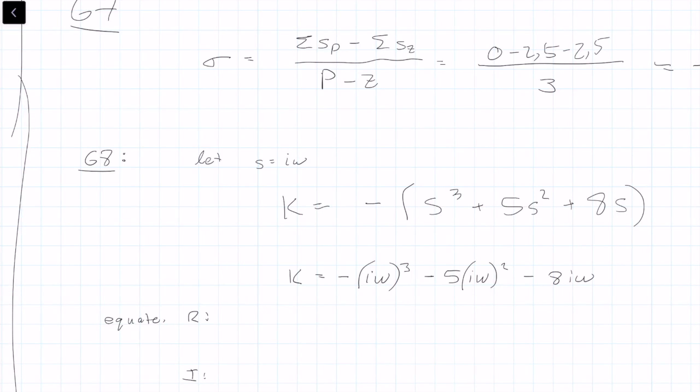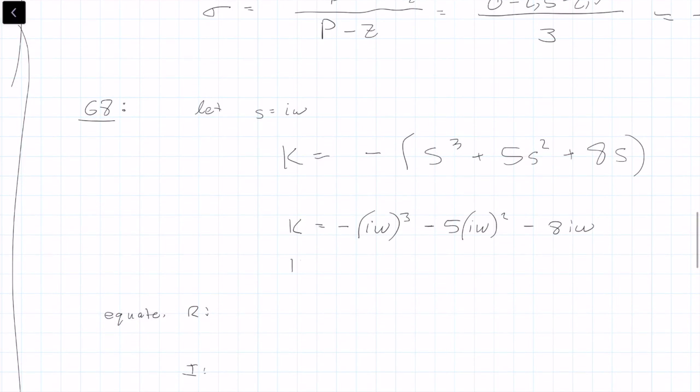Let's actually expand this out. I'm going to give myself a little bit of space. K equals minus, okay, so I cubed is minus I, so that becomes a positive I omega cubed. I squared is minus 1, so that becomes plus 5 omega squared minus 8 I omega.